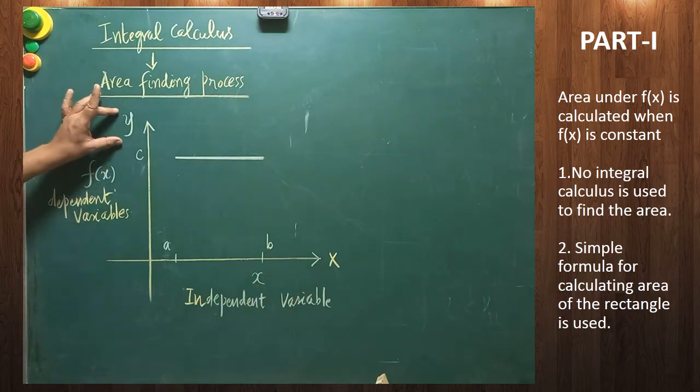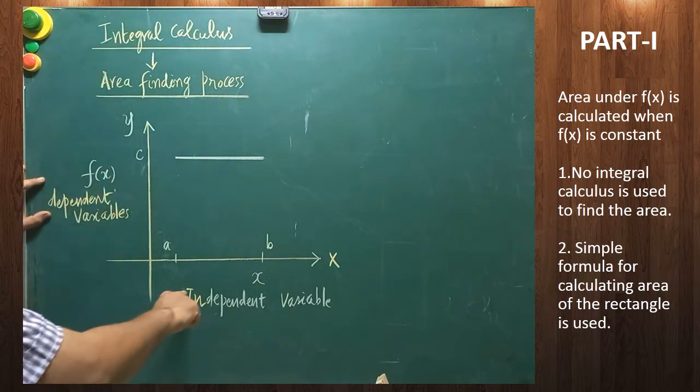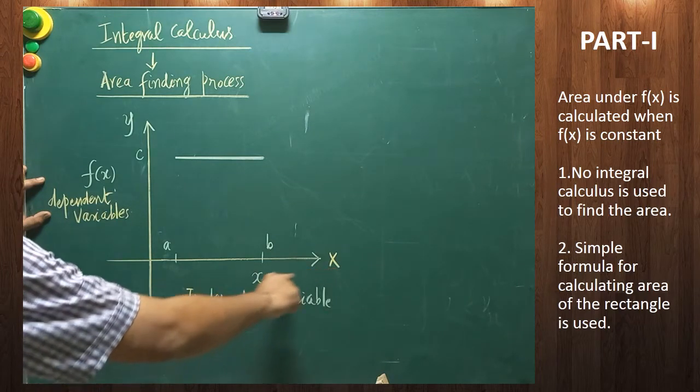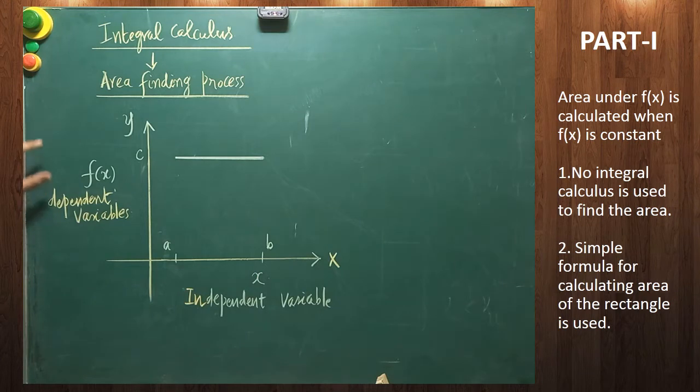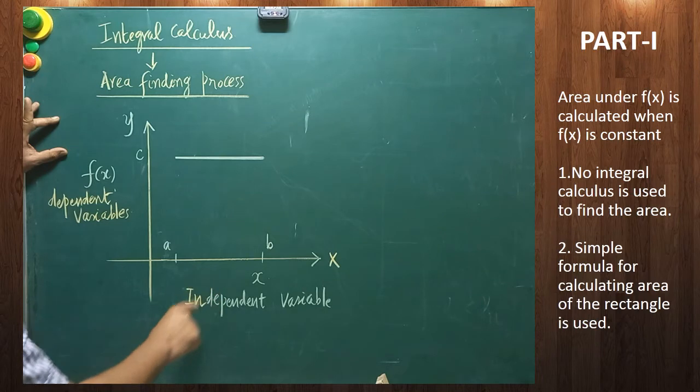If you come to the y-axis, dependent variables are always taken on the y-axis. For example, when the displacement of the particle changes, force must be taken as the dependent variable. Here the force value depends on which one? This displacement.